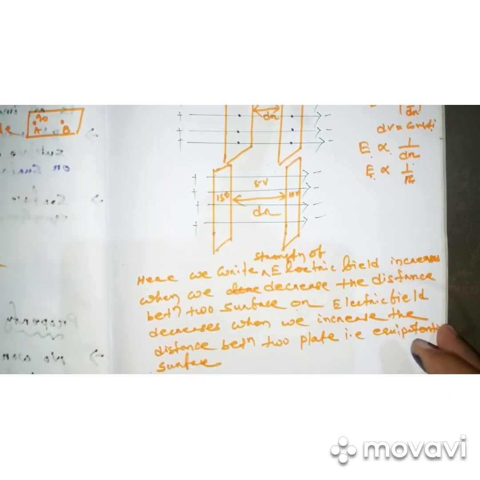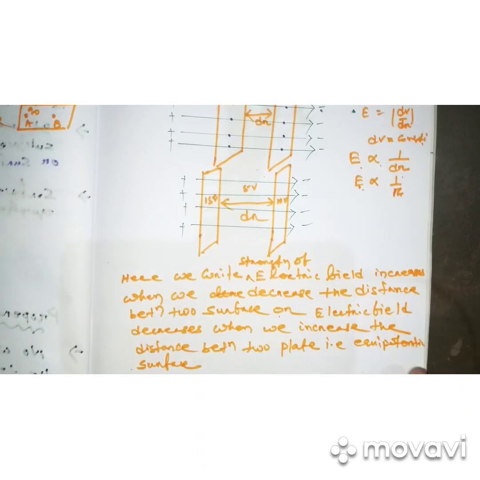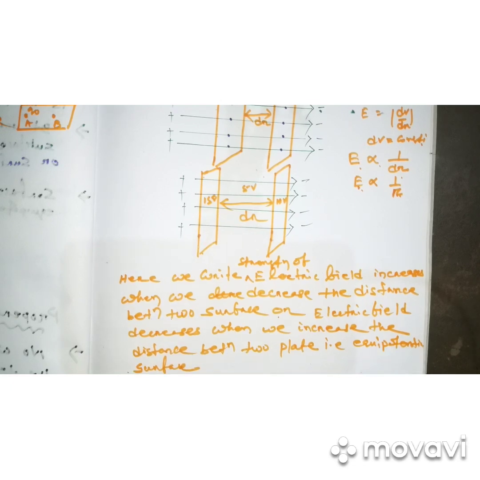Okay, so this is the reason we measure strong and weak electric fields on the equipotential surface.